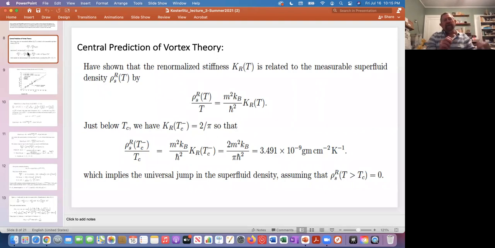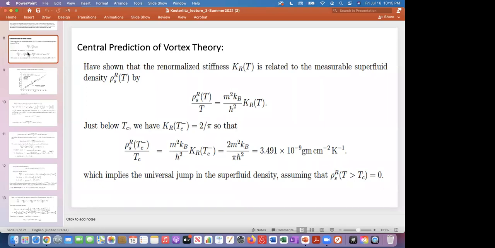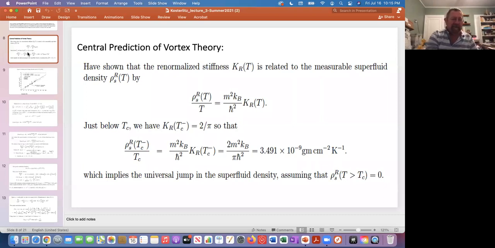Now, the very pretty thing is that this fugacity goes to 0 just below TC, and therefore it's a problem with zero. There's nothing in the theory anymore except for the smooth third sound modes in the system. So the theory is saying it's a very simple system at TC.